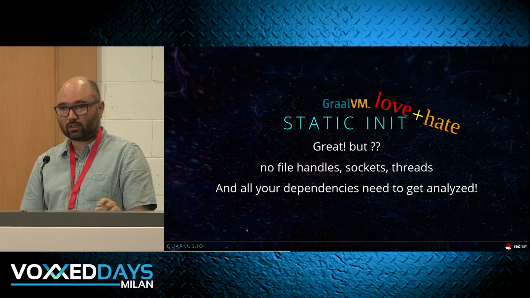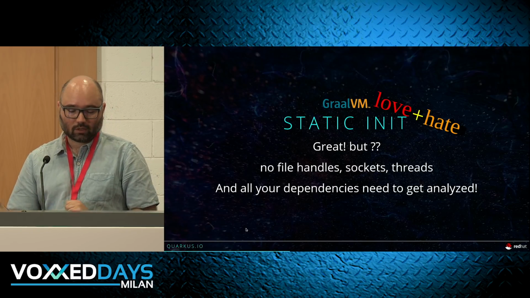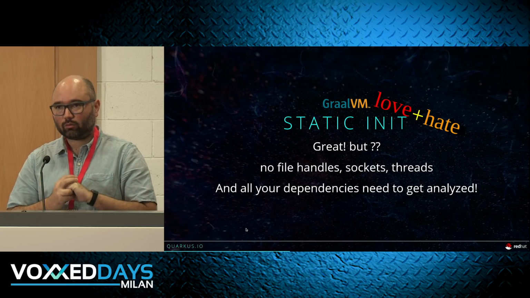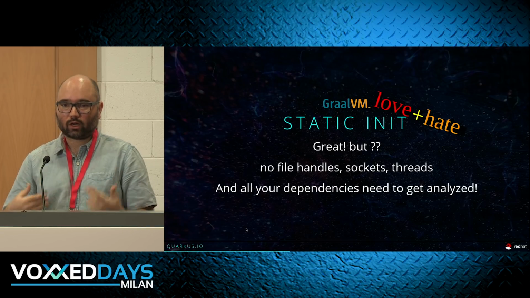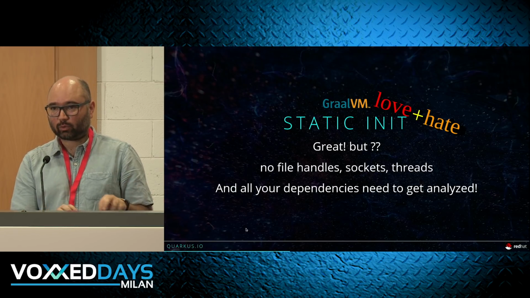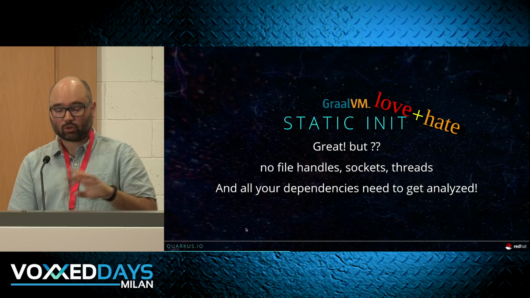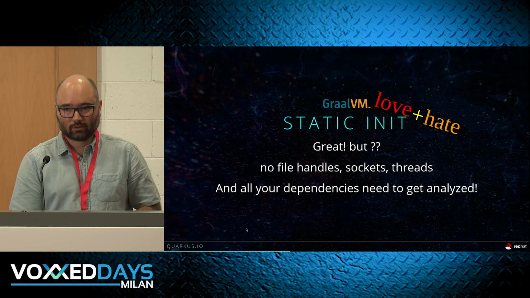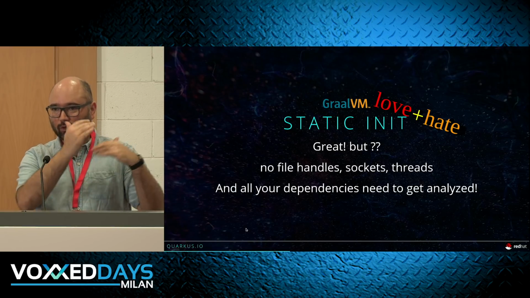The same goes for sockets and threads initialization. Now, what happens here is that the GraalVM compiler is going to verify that while you're running the static initializers, these operations are banned, they are prohibited. If you have a static initializer that opens a socket or a thread or something, you get a compilation error, after the minute wait of the time.